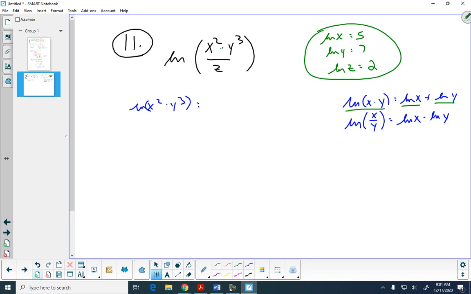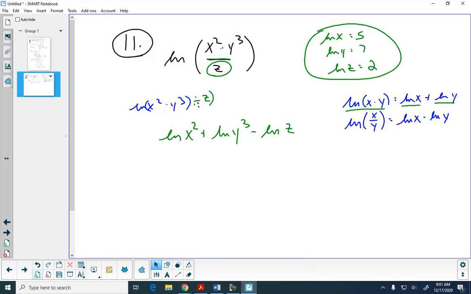You'd have ln of x squared plus ln of y cubed. That is correct. And then we have division by z in this whole quantity. So to finish this off, we would have to do what with this z, Brooke? Then you subtract the ln of z. That is correct.